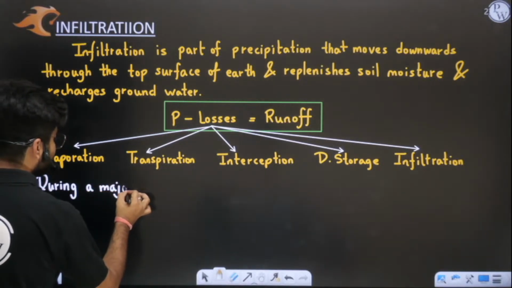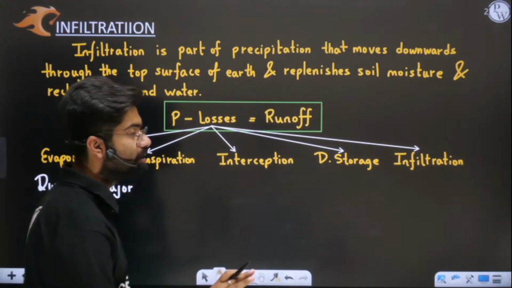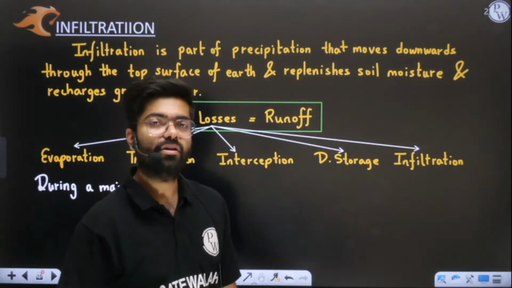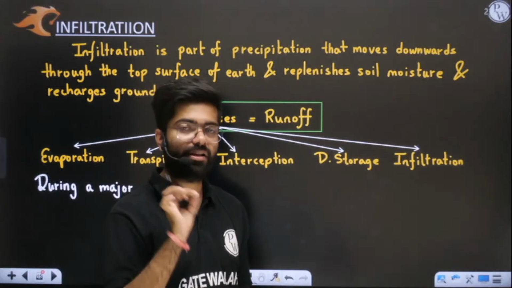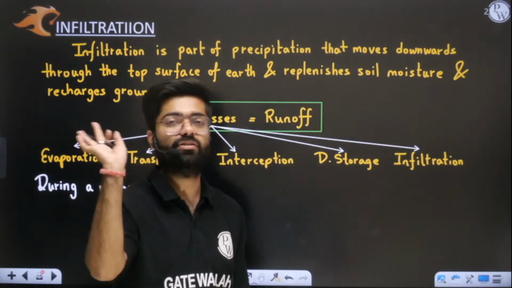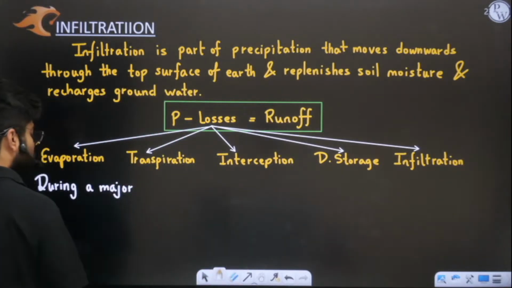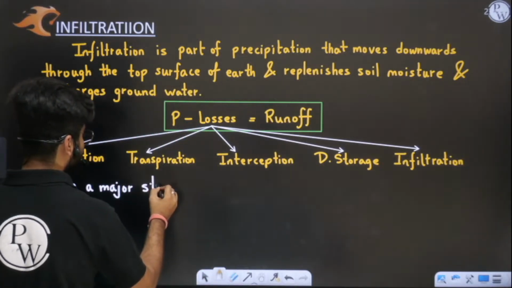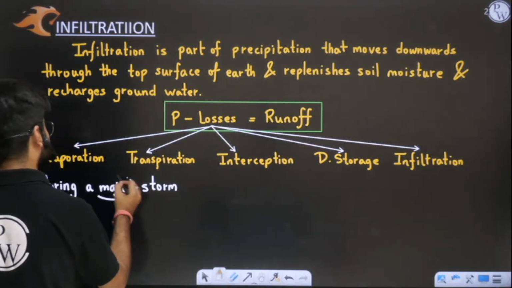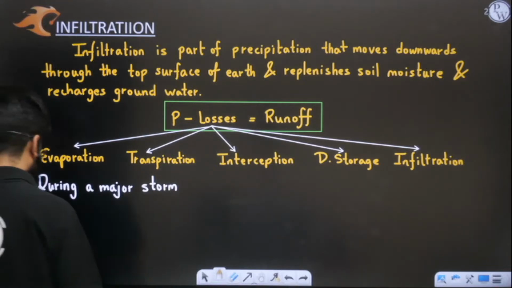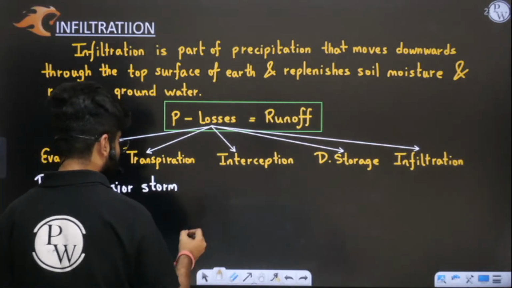We are not interested in a minor storm, because in a minor storm you will see no runoff is there. All the water is lost. In minor rainfall, all the water will be lost. No runoff. Yes or no? Runoff only takes place after a major storm. So I am writing the word major. You need to focus on this word major. Major storm only causes runoff.